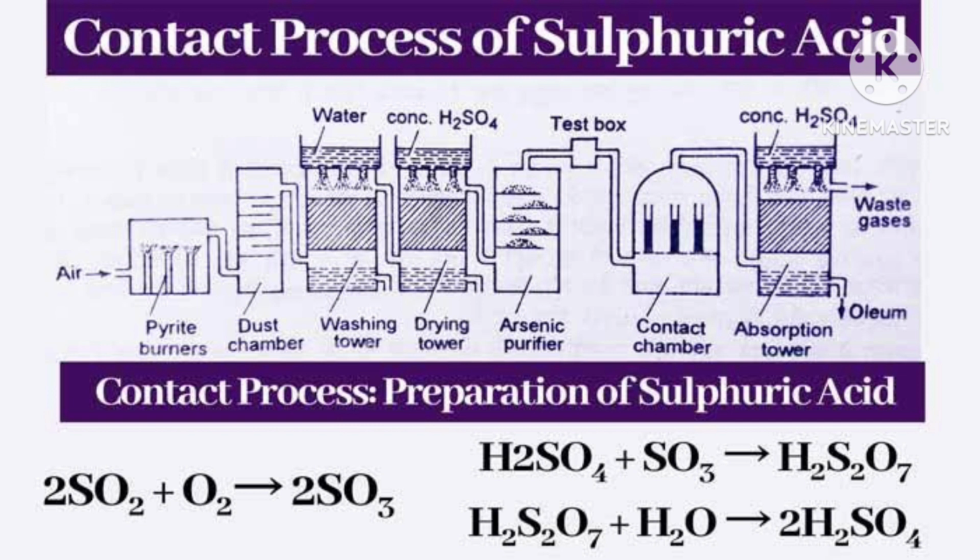If you take this sugar in a beaker and add concentrated H2SO4, then C12H22O11 is there, and H22O11 means 11H2O, water attached to the organic compound. That 11H2O will be absorbed by the sulfuric acid.